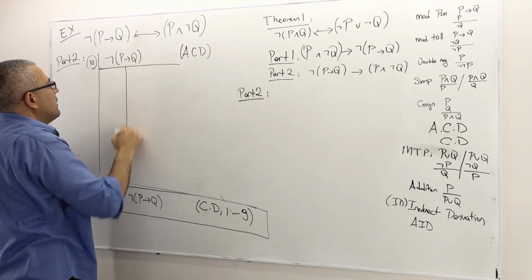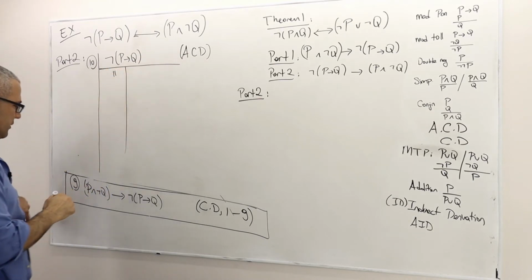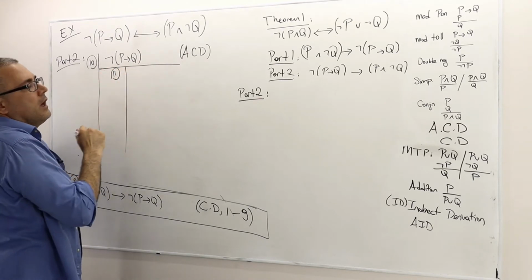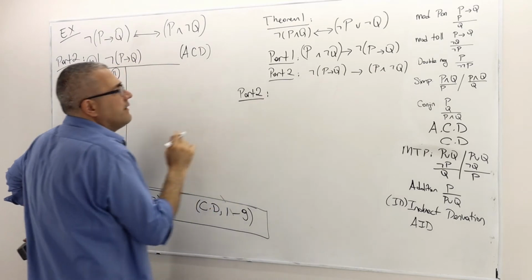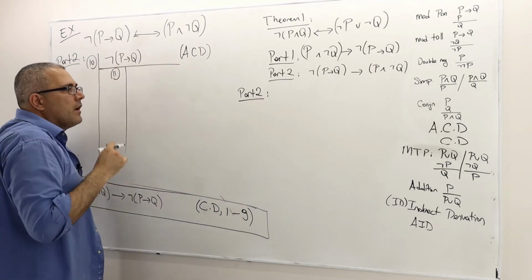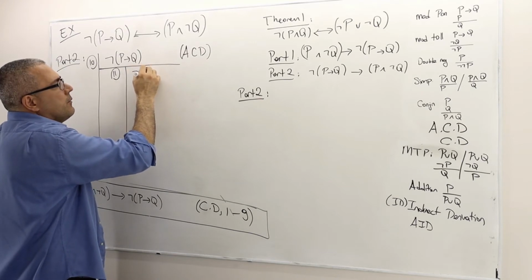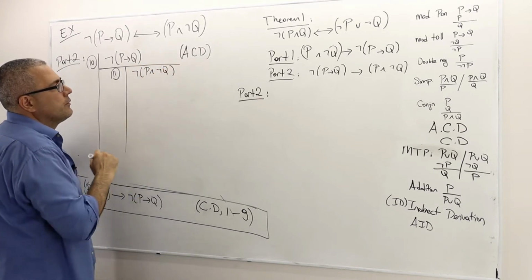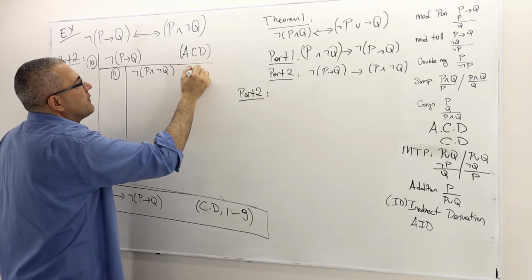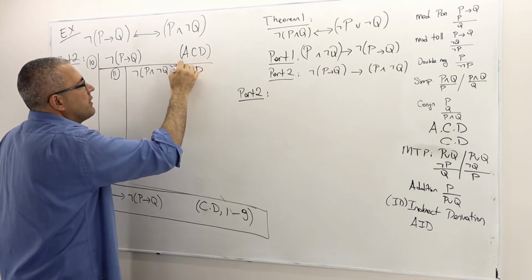Very good. So line 11. I'm going to negate. I'm going to use indirect derivation. So I'm going to assume that not P and not Q is true. All right. So indirect assumption for indirect derivation.